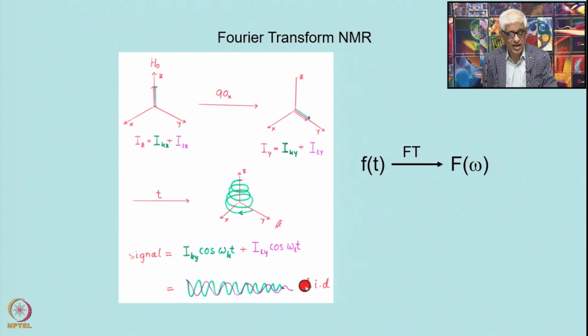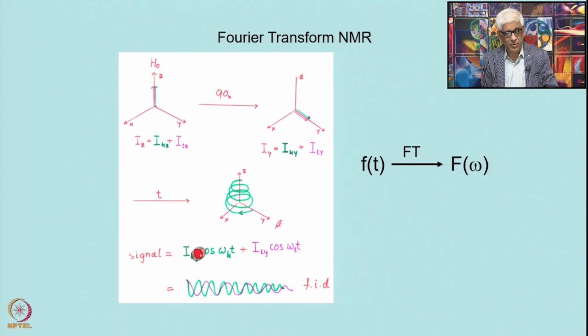Therefore this is called free induction decay, FID. Free induction decay is a superposition of the individual frequencies decaying with their characteristic time constants, or the transverse relaxation times. So this is the signal you will get.